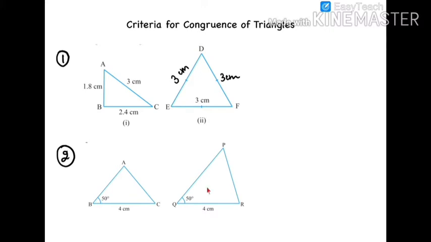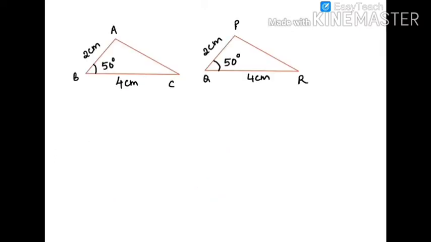If you overlap these two triangles, they are not going to be covering each other completely. So these two triangles are not congruent, and hence this much information is not enough. That is, knowing one corresponding side and one corresponding angle equal of these two triangles is not enough information to say whether the triangles are congruent or not. Look at the third set of triangles.